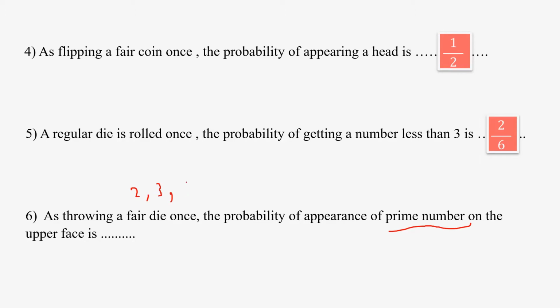We have the sample space for this experiment: 1, 2, 3, 4, 5, and 6. So the probability of our event is 3/6, which is equal to 1/2. Bravo.